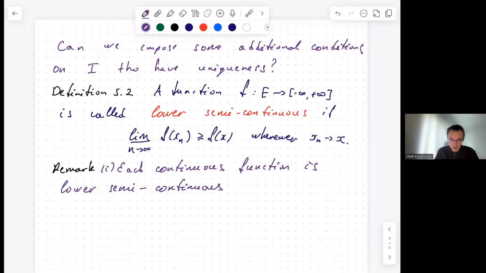And also, let's note that because of this remark, in particular, the function I of x that is equal to x squared divided by 2 is lower semi-continuous.